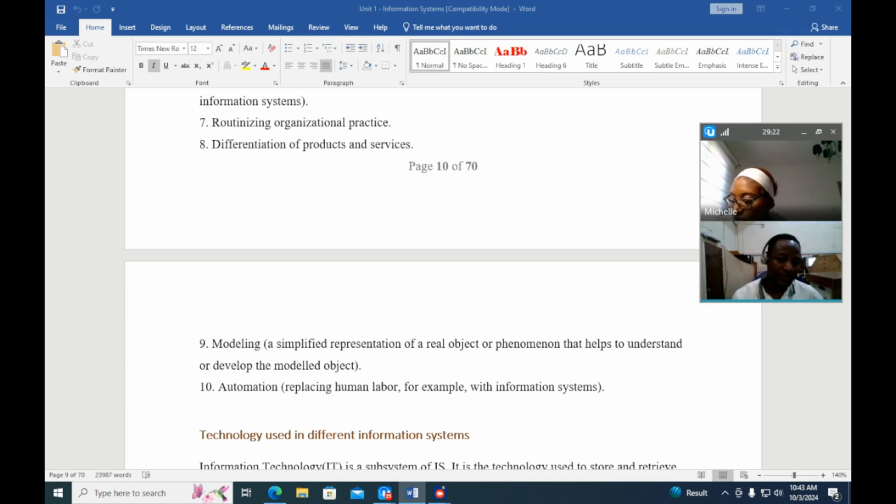Number 8, information systems have the capability of differentiating products and services. They bring the difference of products and services, differentiation of products and services.